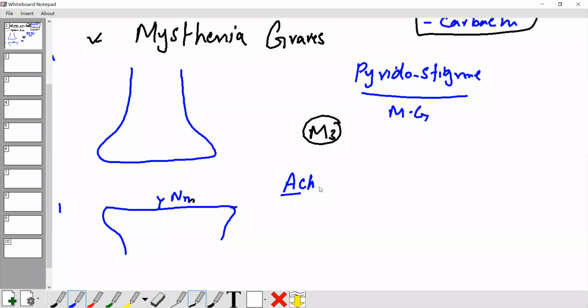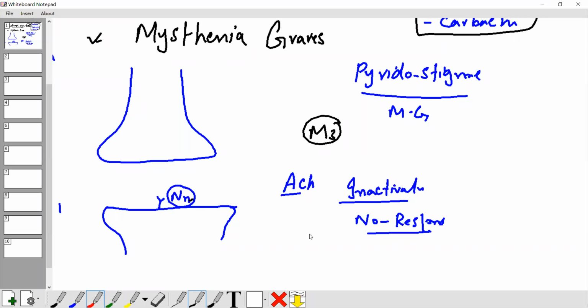But if you stimulate this NM receptor again and again, it undergoes inactivation. The receptor does not give a good response. Inactivation of the receptor means no response. In pharmacology we use one term for this, tachyphylaxis.